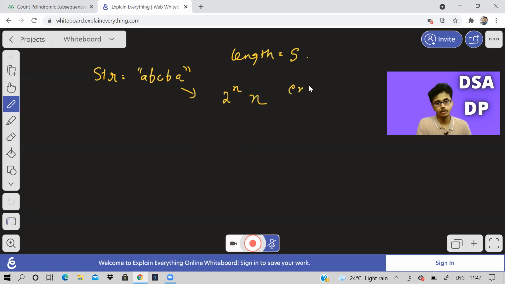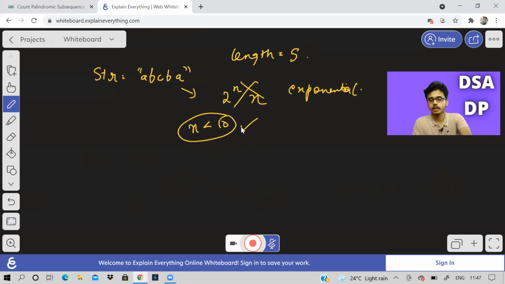So it will be exponential, correct? Checking all the subsequences, it will become exponential. So this is not optimum. We can't generate all the subsequences. See, if n was less than 10 or something, then it is okay. But n will usually be 100 and all. So this will become too big. So we can't do brute force.